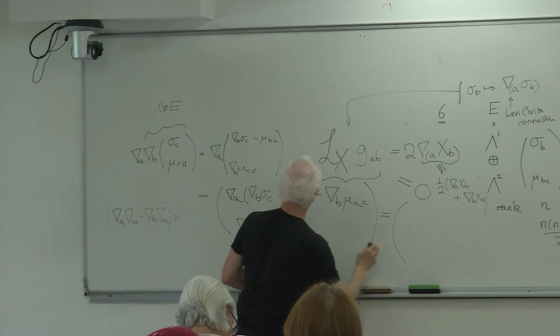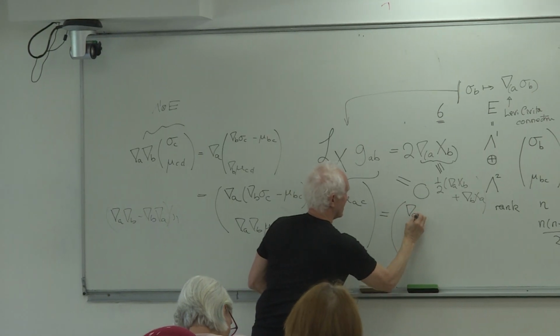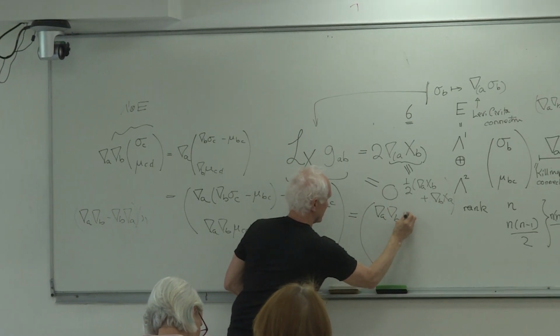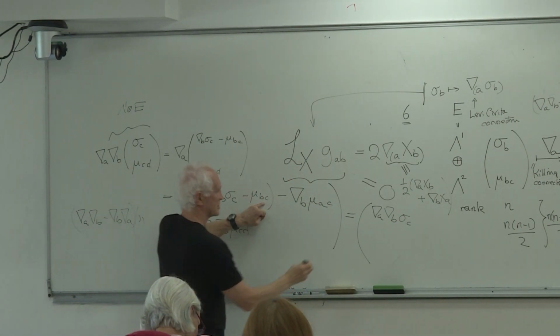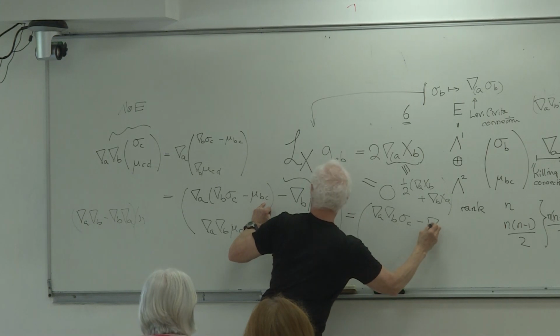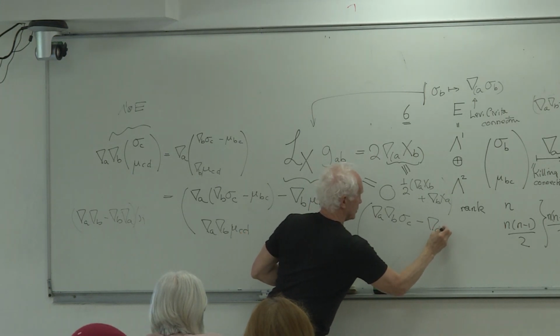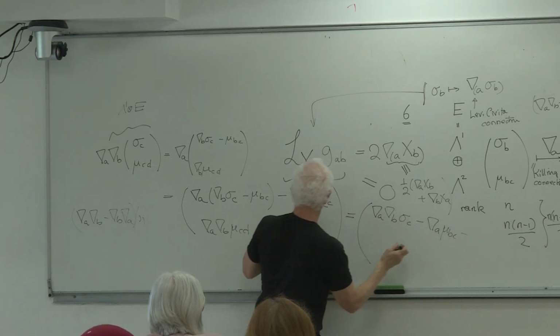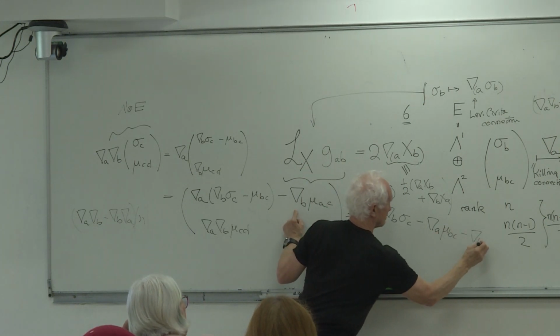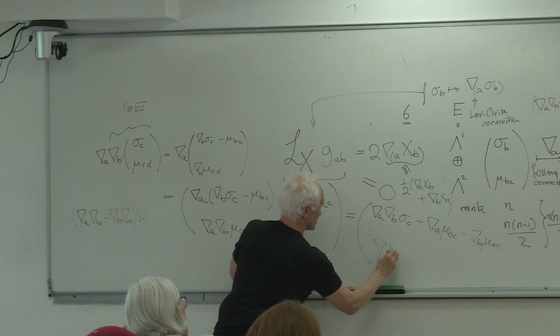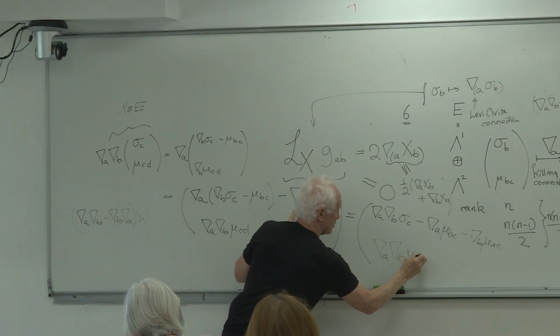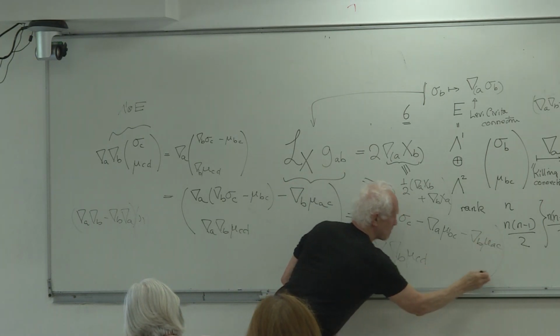Equals derivative A, derivative B, sigma. And then there's this, which is just minus A of mu B sigma minus this thing, B of mu AC. And finally, down here, there's something which I'll just rewrite, but nothing's happening down there.